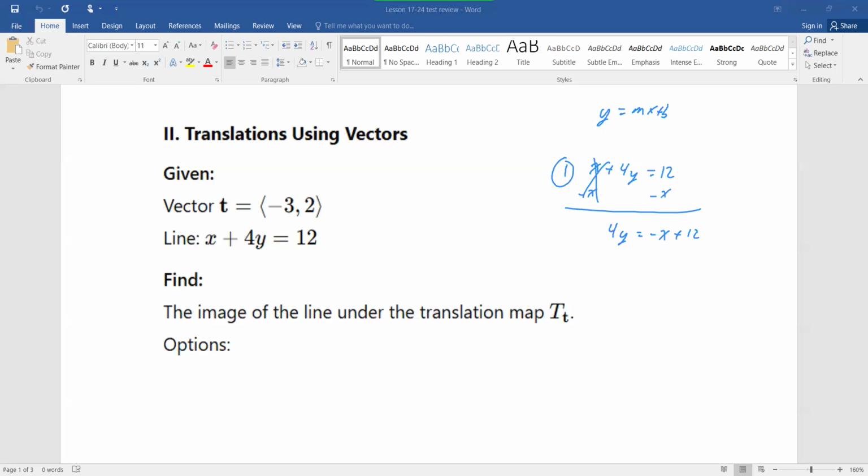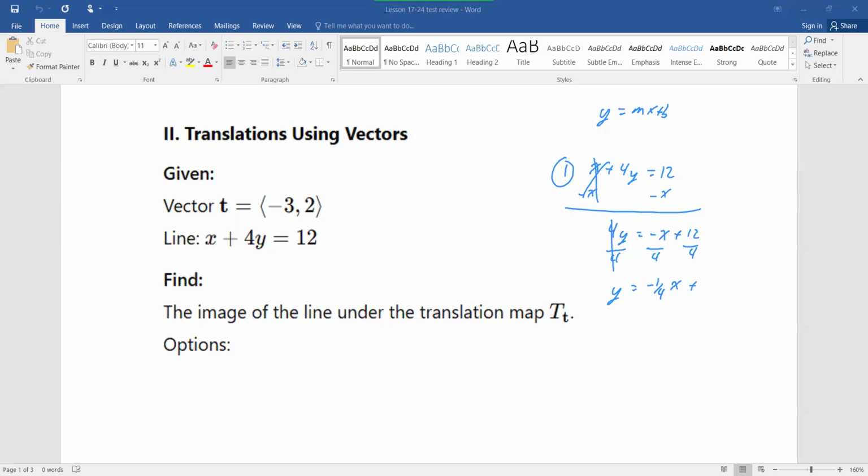What's your next move? Good. You're going to divide every term by 4, not just the x, not just the 12, but every single one of them. I'm going to rewrite this as negative 1/4. That's going to give me that rise over run. I can see it a little bit better. I don't have to worry about remembering if there's a 1 or not. And then 12 divided by 3 is? Yeah, my bad.